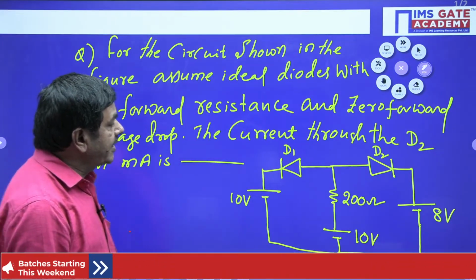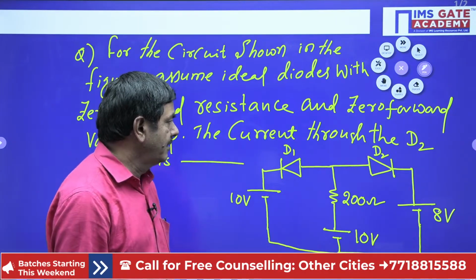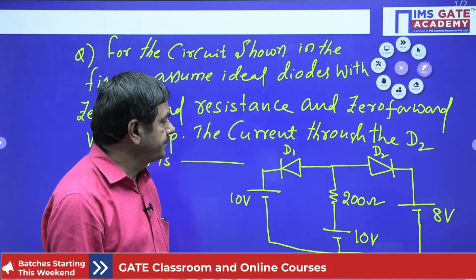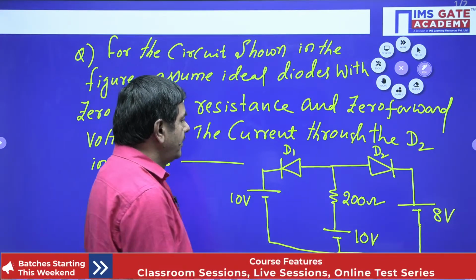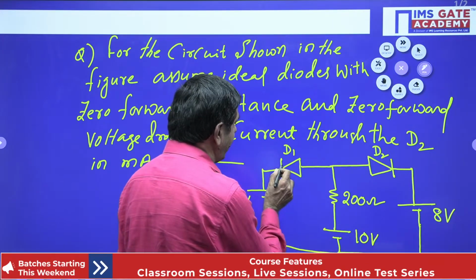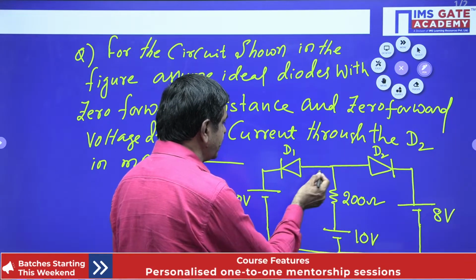Because of the connection of the batteries, can you say which diode will be on and which diode will be off? D1 is here. Do you have any resistance? No resistance here. Now, will this be on or off? 10 minus 10 is 0, so 0 current will flow this side.